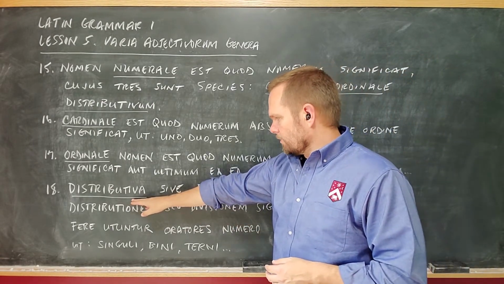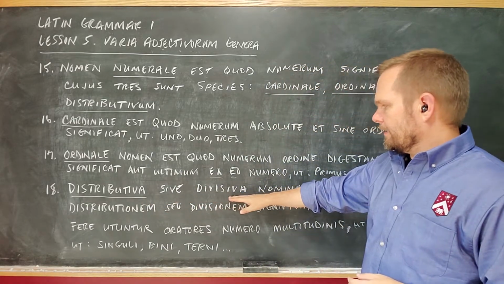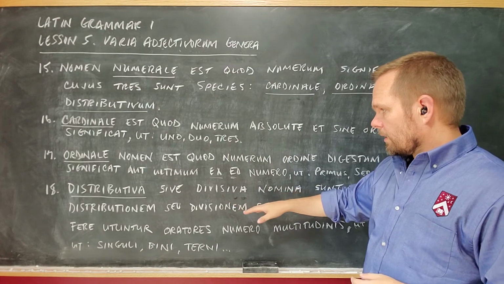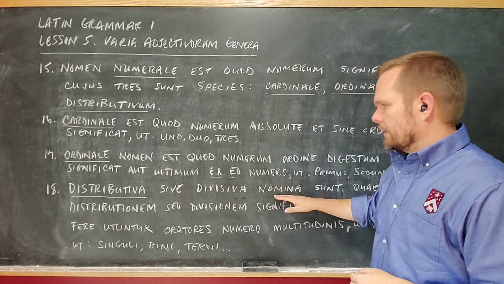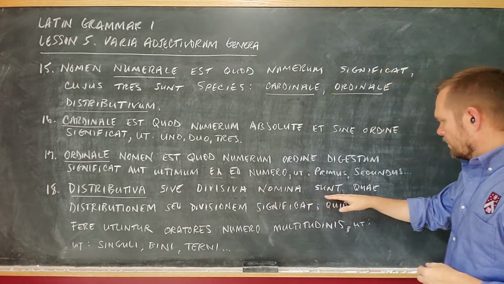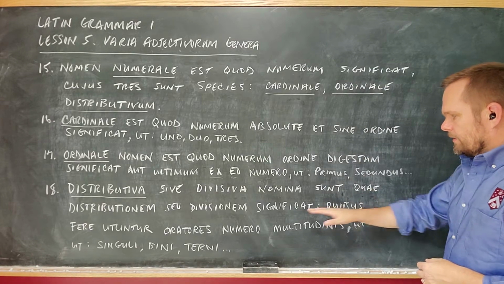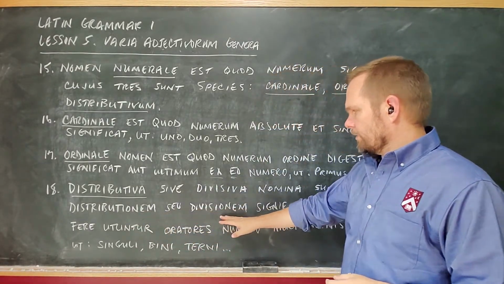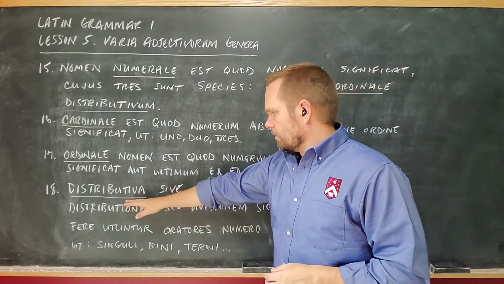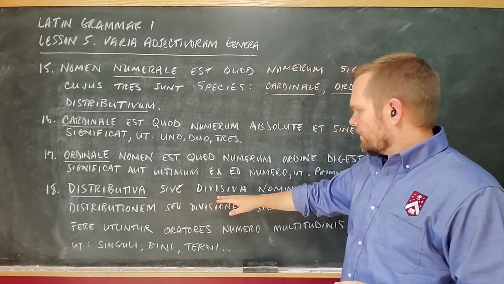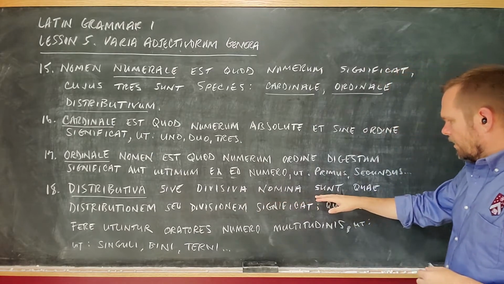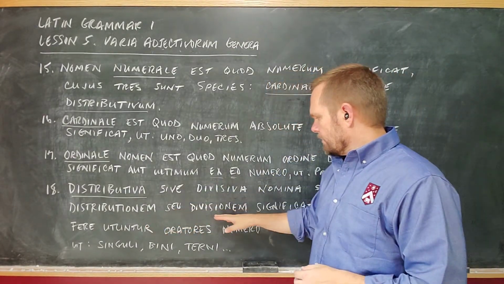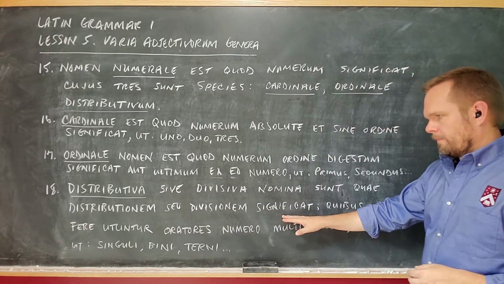Distributive numerals, which are also called divisive numerals, distributiva nomina, distributive nouns, are those which signify distribution or division.